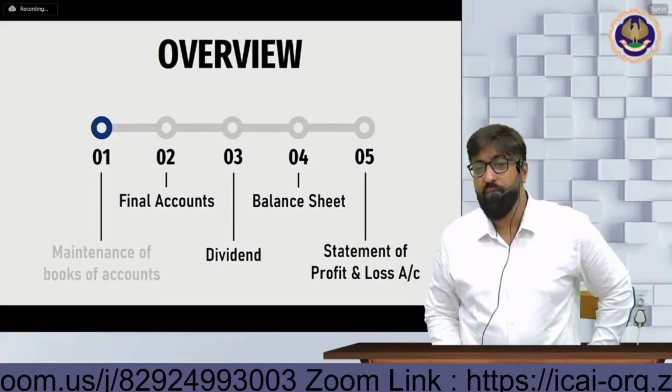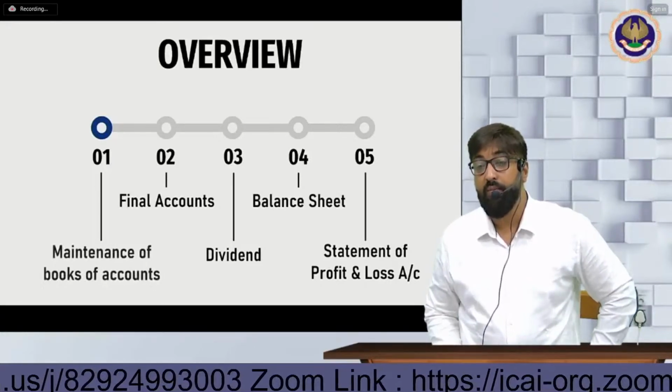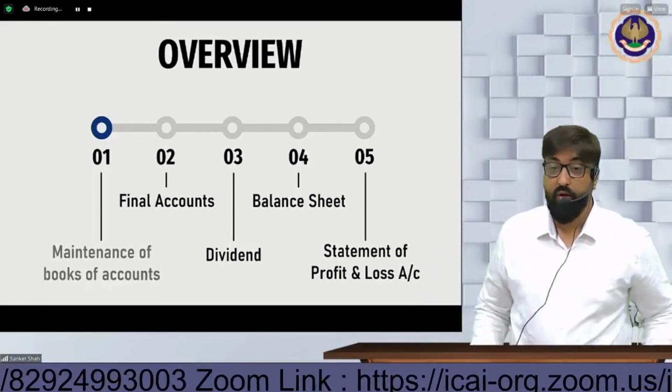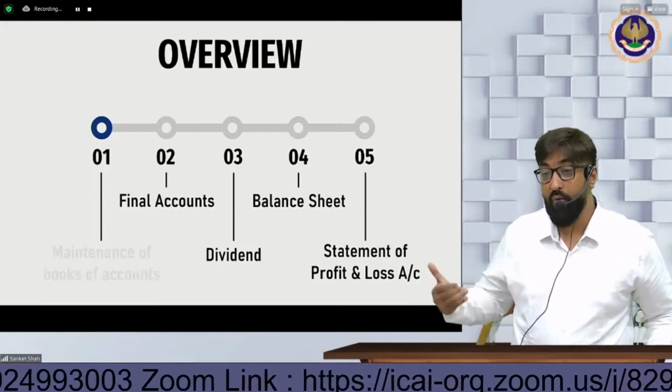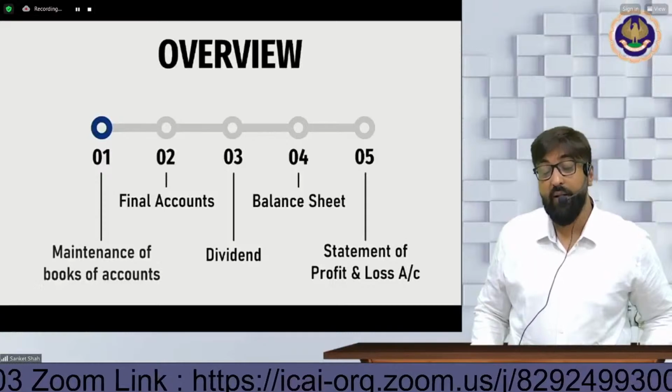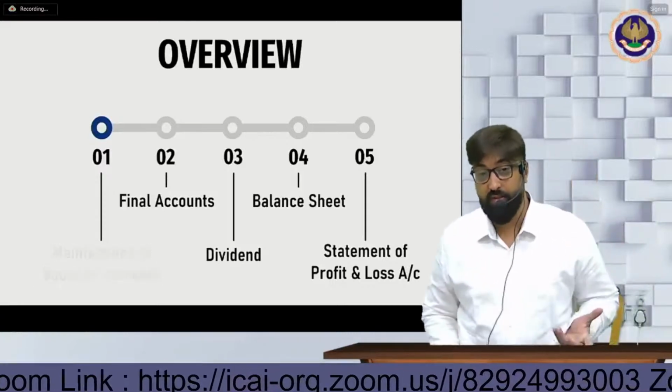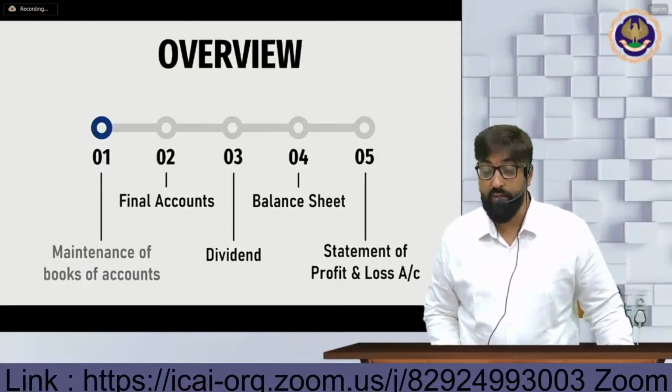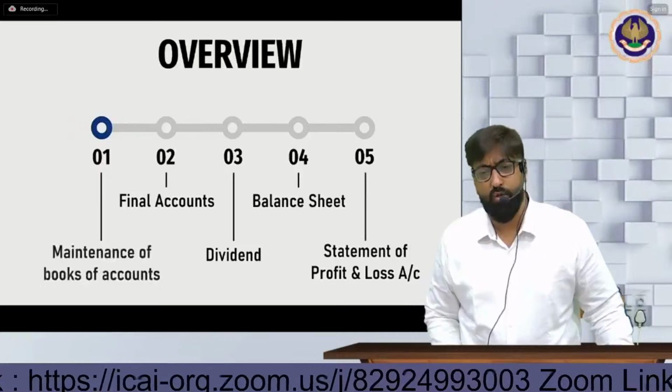Then application money received against pending allotment. Then you have non-current liabilities: long-term borrowings, deferred tax liability, other long-term liability, long-term provisions. Current liability: short-term borrowings, trade payable, other current liability, short-term provisions.